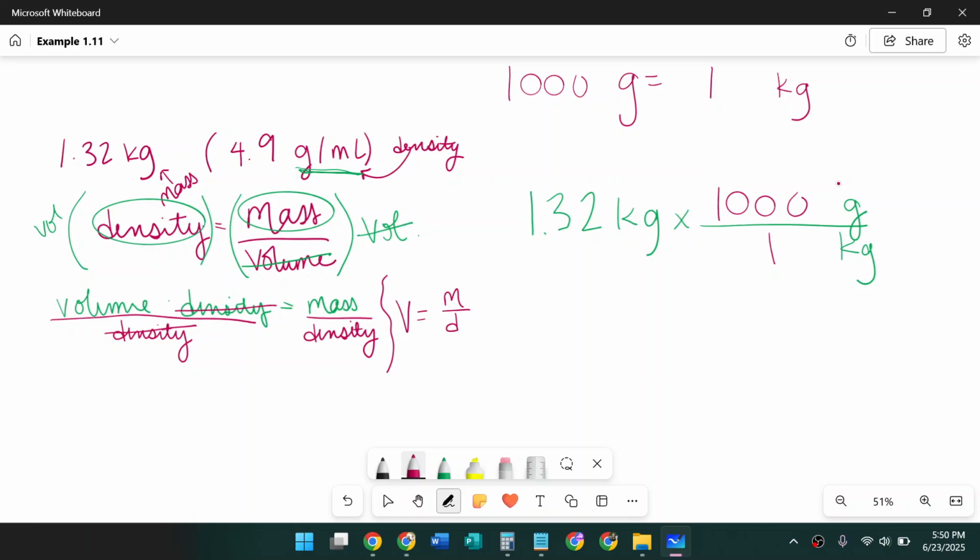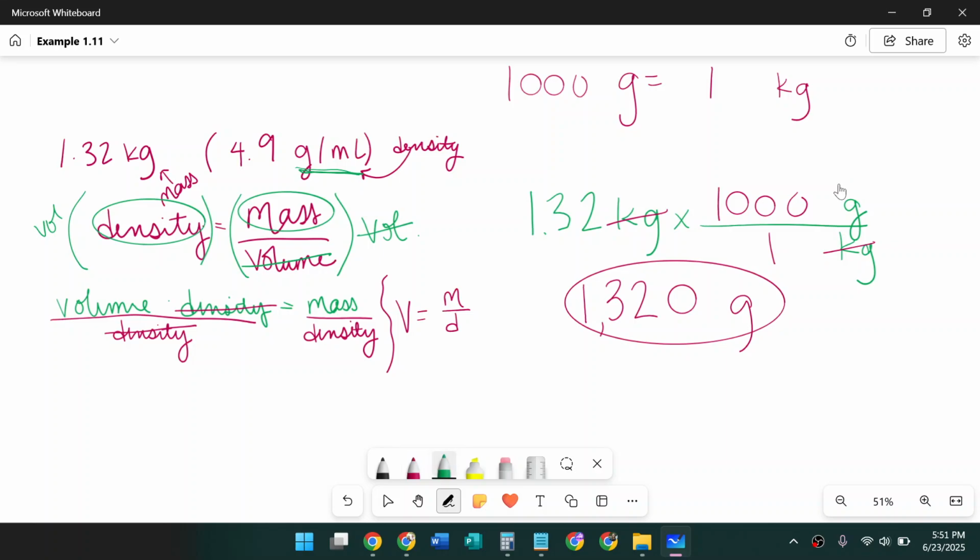It's times 1,000. There are 3 zeros, so this gets to move 1, 2, 3 decimal places. So my answer is 1,320 grams. This has 3 significant digits in it, and so does my final answer right here, so we don't have to change anything about it.